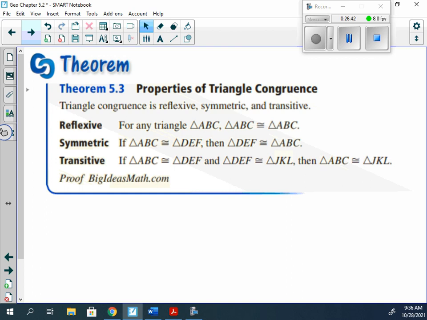If triangle ABC is congruent to triangle DEF, and triangle DEF is congruent to triangle JKL, then triangle ABC is congruent to triangle JKL. Well, those are the same properties we had before, aren't they? Because with the transitive property, if A is equal to B and B is equal to C, then A is equal to C. This still holds true.